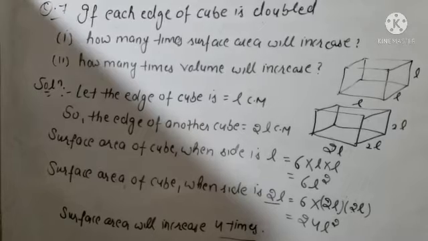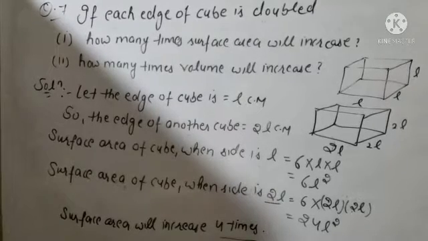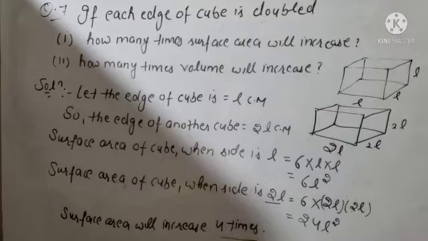So in this first part, what is given? If each edge of a cube is doubled. So for example, you have a cube, and you can assume all the sides are L centimeter, and after that you will assume another cube whose sides are double of the first cube. So it will be twice of L, 2L. Now what will be the surface area when the side is L centimeter?